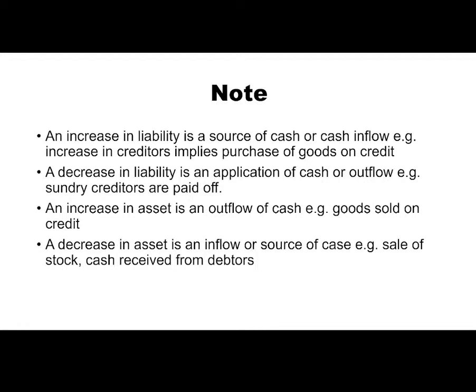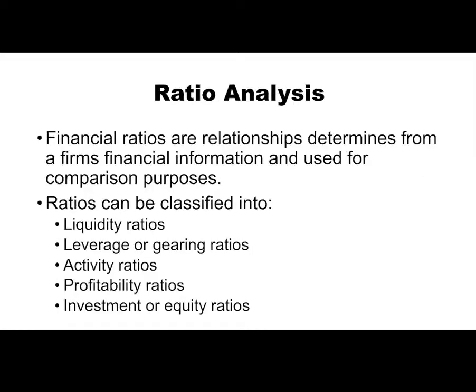Whereas an increase in asset is an outflow of cash, e.g. goods sold on credit, so that will increase assets. Whereas a decrease in assets is an inflow or a source of cash, e.g. sale of stock, cash received from debtors, that will decrease the assets. So it's an inflow of cash. So that is all about the cash flow.